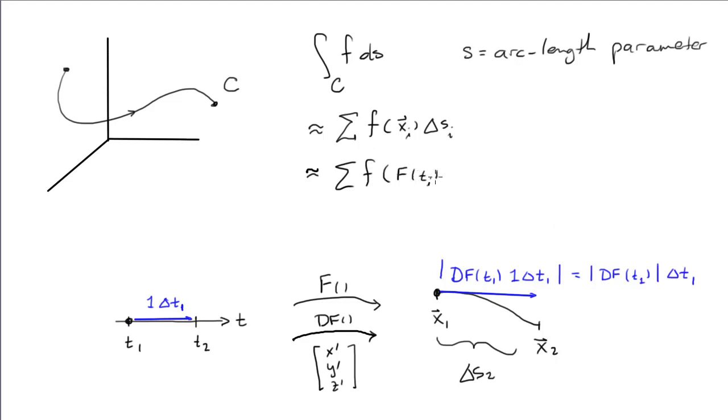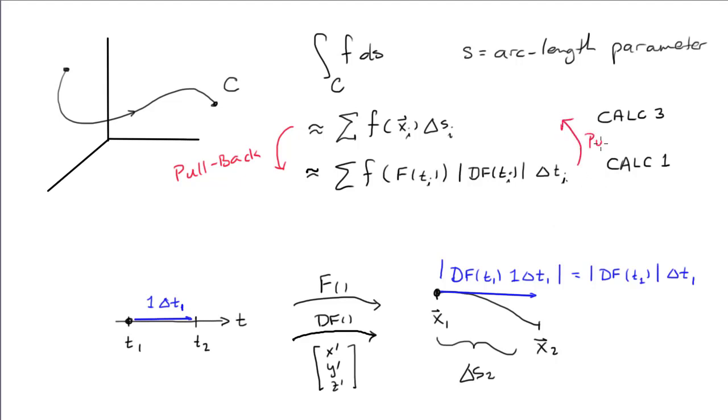Plugging in the parameterization and replacing delta S by its linear approximation, I have a Calc 1 Riemann sum. So I turned a Calc 3 line integral into a Calc 1 integral. This is called the pullback. I've pulled it back from space into a Calc 1 setting.